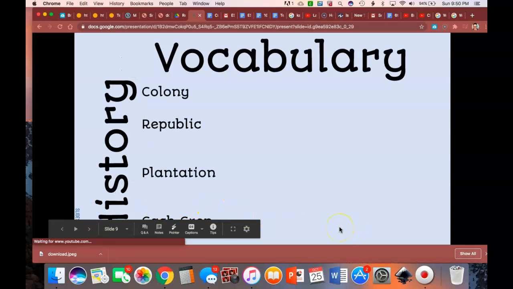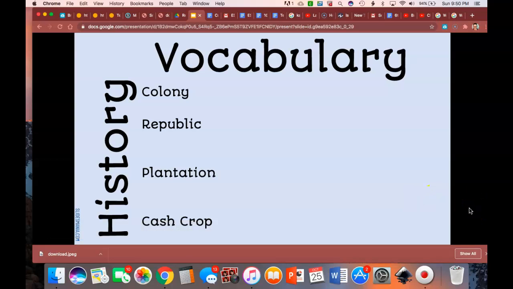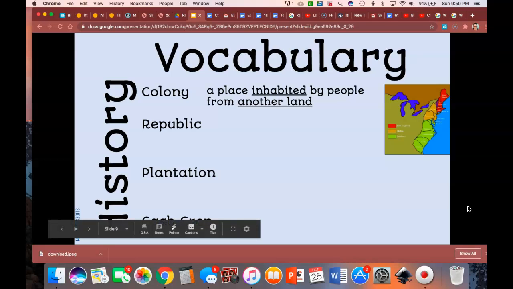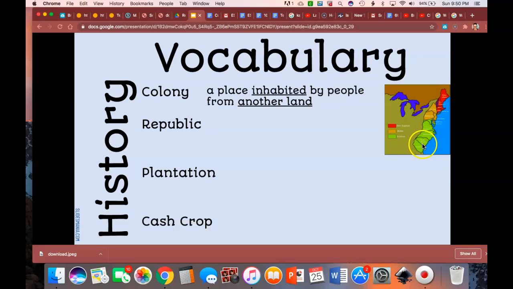So a little vocabulary that you probably have already heard, and you will hear as you move through history. Colonial is a place inhabited by people from another land. Here we are as we inhabited this land, the first settlers.